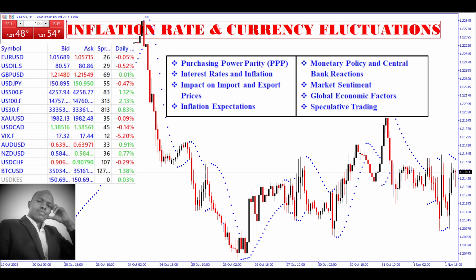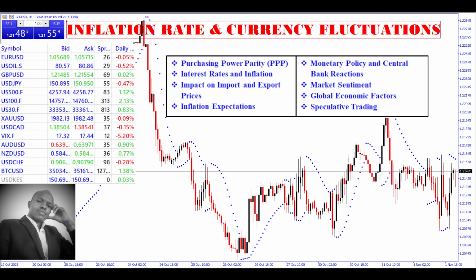Let's look at the impact on monetary policy and central bank reactions. The Bank of England closely monitors the inflation rate and has an inflation target of around 2%. If inflation exceeds this target, the central bank may consider tightening monetary policy by taking measures like raising interest rates.